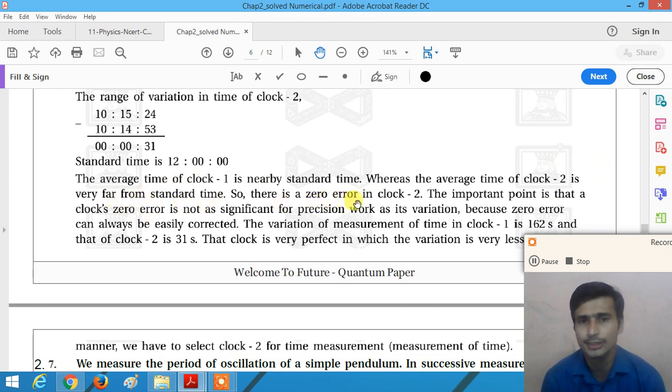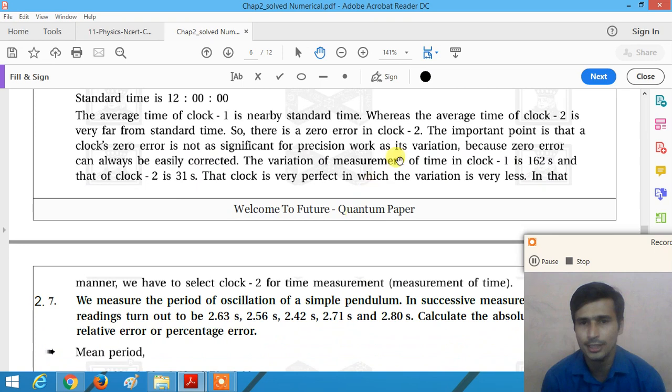So there is a zero error in clock 2. The important point is that a clock's zero error is not significant for precision work, because the zero error can always be easily corrected.